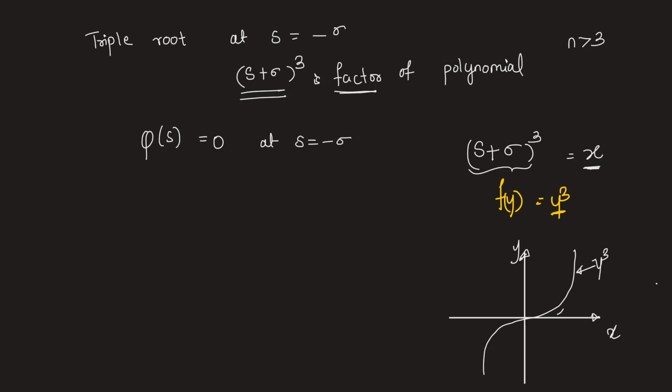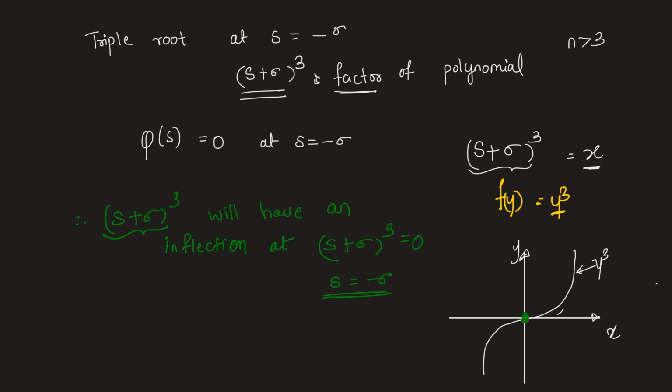We can see that there is an inflection point at the origin here, and therefore we can say (s plus sigma) cube will have an inflection point where this function value is 0. So (s plus sigma) whole cube should be 0, and therefore this should be s equal to minus sigma. So this function will have an inflection point at s equal to minus sigma.